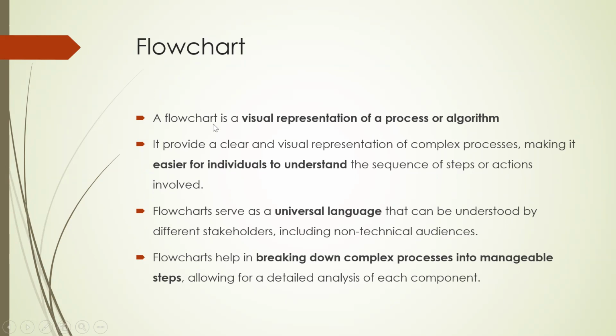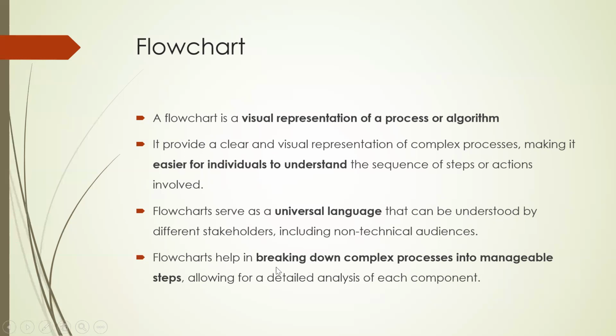So now why use a flowchart when we are clear about the algorithm? First, because it provides a clear and visual representation of complex processes, making it easier for individuals to understand the sequence of steps or actions involved. Second, the flowchart serves as a universal language that can be understood by different stakeholders, including non-technical audiences as well.